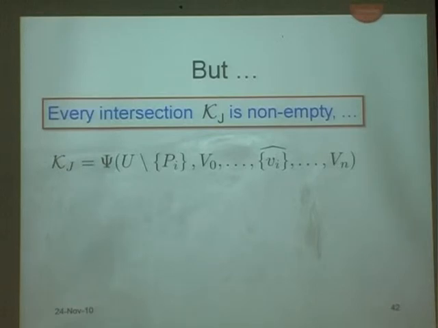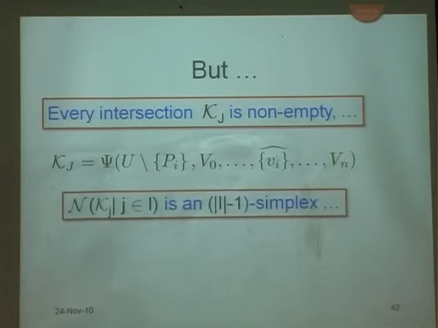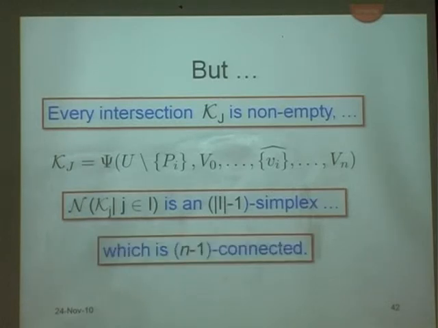So that just says that the nerve is a single, huge simplex, because any subset of its vertices corresponds to subcomplexes that intersect, which corresponds to a simplex of the nerve complex. So the nerve complex is a simplex with this many vertices, and then we take off one for the dimension. And simplexes are connected in all dimensions. So we're done there.